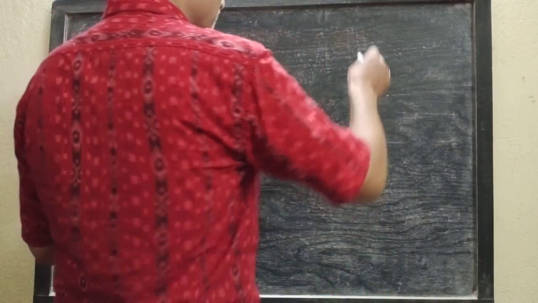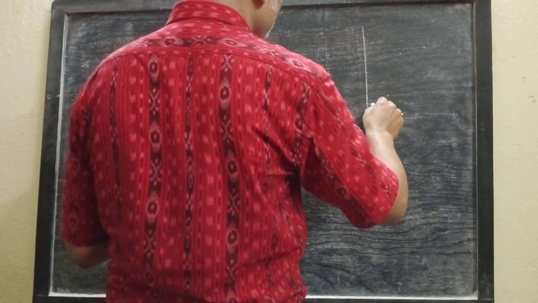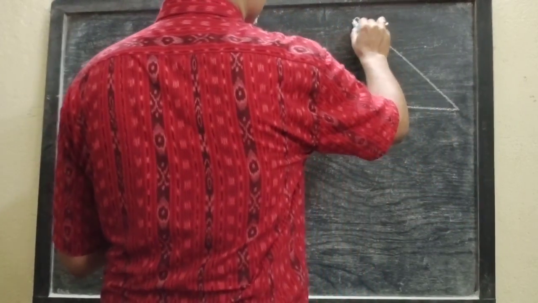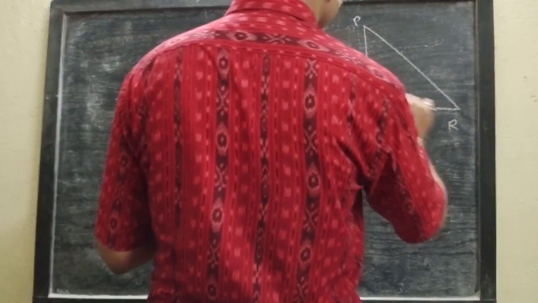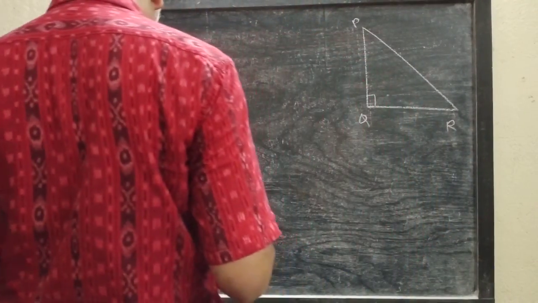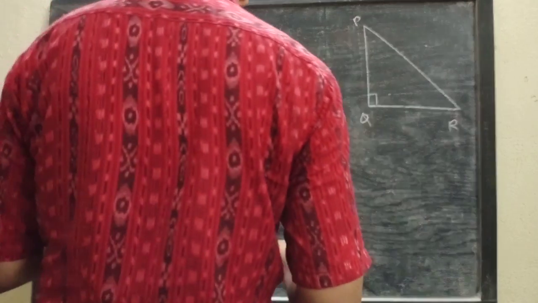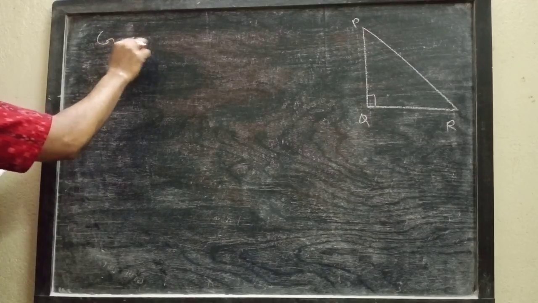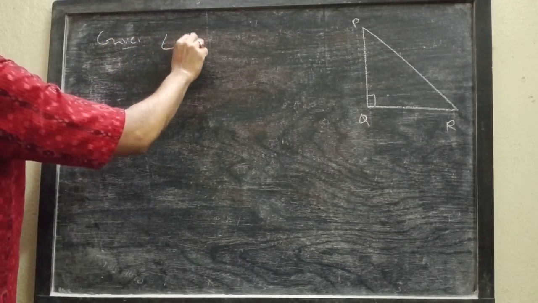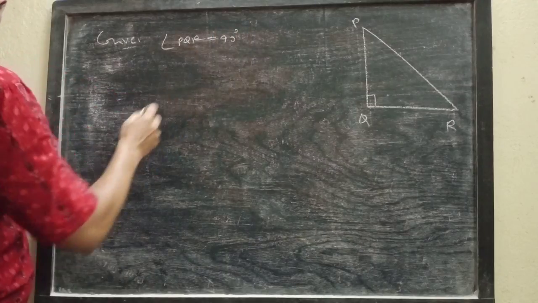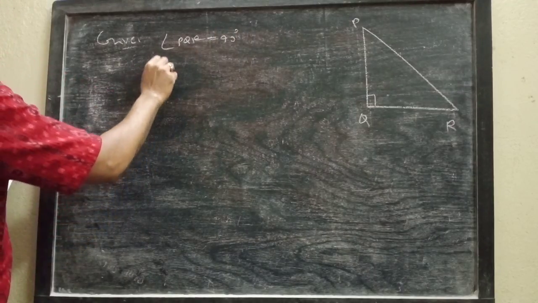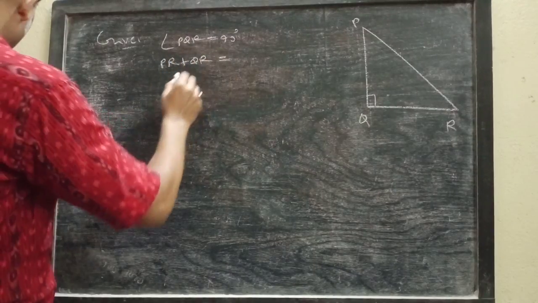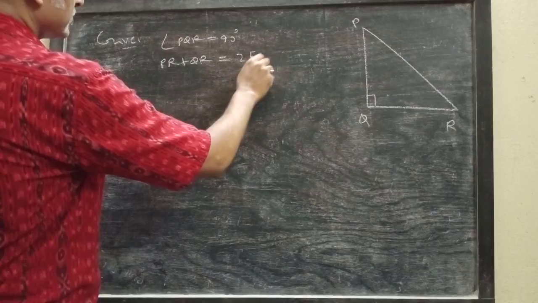PQR is a triangle right angled at Q. Angle PQR is 90 degrees. PR plus QR is 25 centimeter.